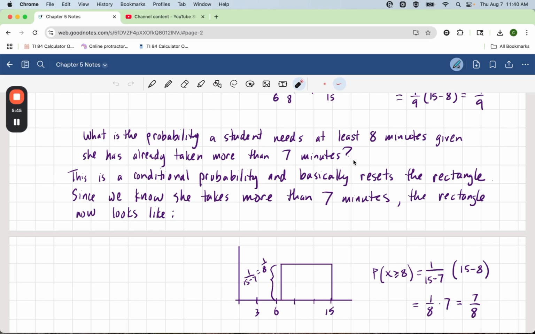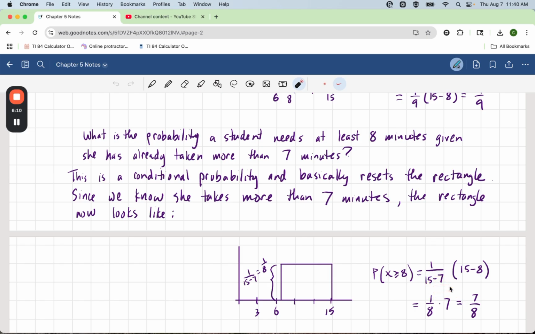So since we know she takes more than 7 minutes, we could do the rectangle starting right there at 7 instead of 6, okay? And then we can do the problem the same exact way we did it with this new rectangle. So you see here, instead of 15 minus 6, we have 15 minus 7, because we already know she took more than 7 minutes.